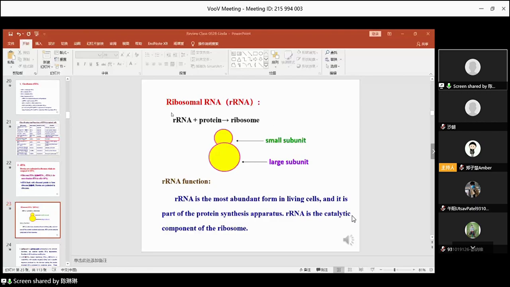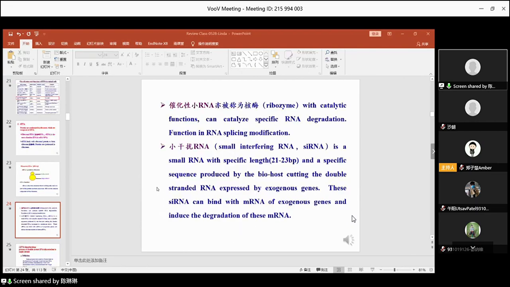It can form the ribosome. And for the function of rRNA, first, it is the most abundant form in living cells, and also it is part of the protein synthesis apparatus. And also the rRNA is a catalytic component of the ribosome.